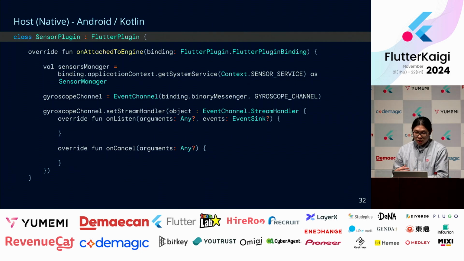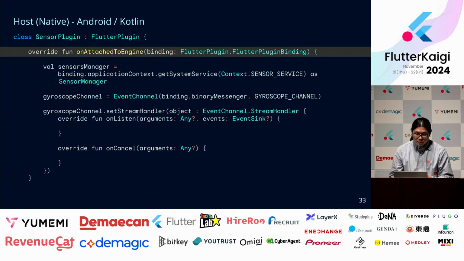To receive sensor values, we developed it through a Flutter plugin. SensorPlugin is a class that implements the FlutterPlugin interface. Like I mentioned before, when you implement the FlutterPlugin, you override the onAttachedToEngine method in your class to use it.